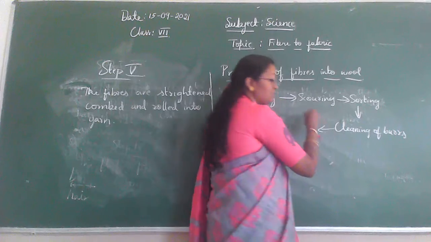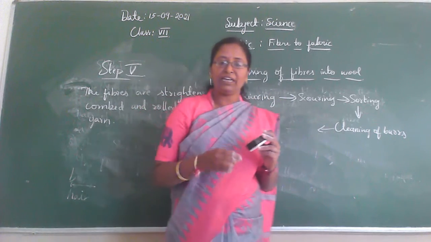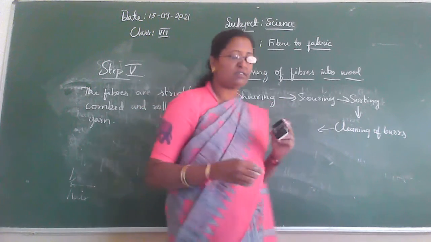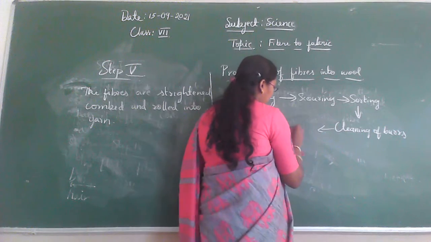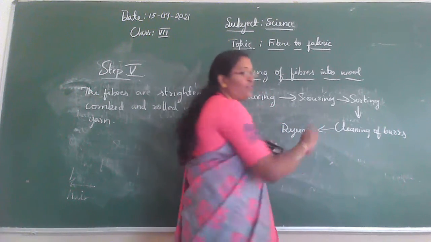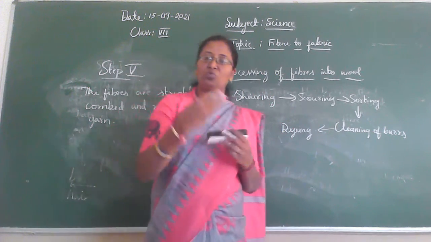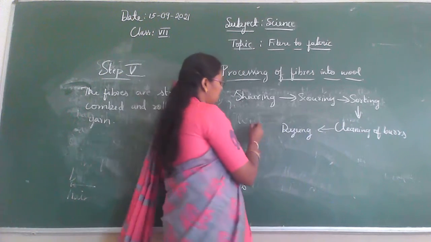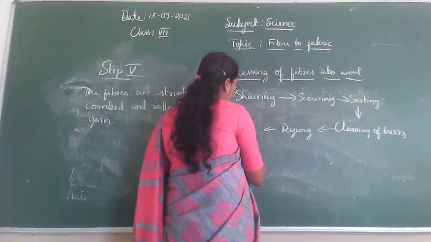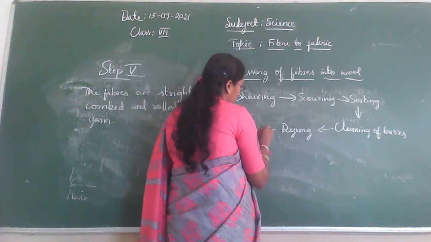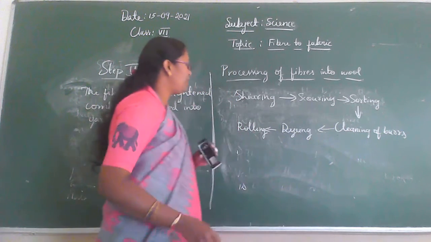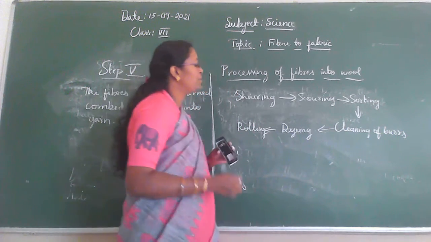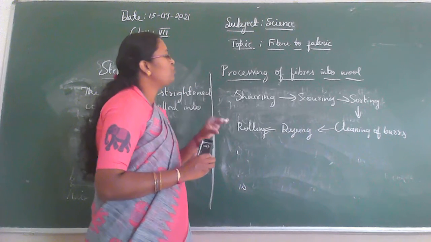After this, we are going to dye it. We are going to give the color. That is called dyeing. After dyeing, we are rolling into yarns. This is the simple way, and it is very easy to memorize.